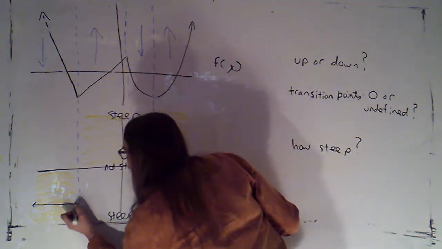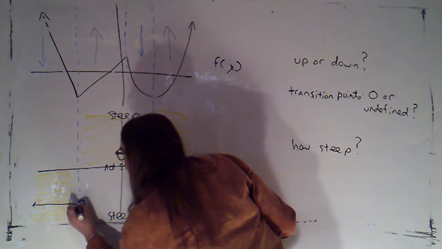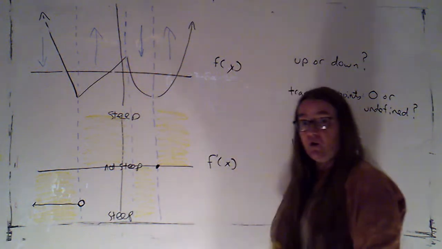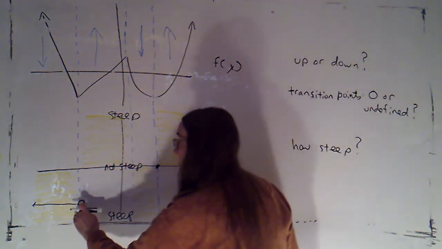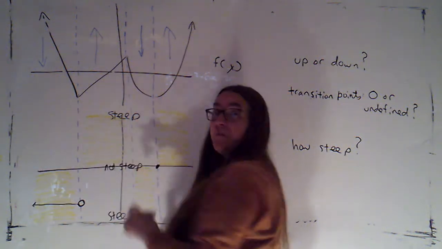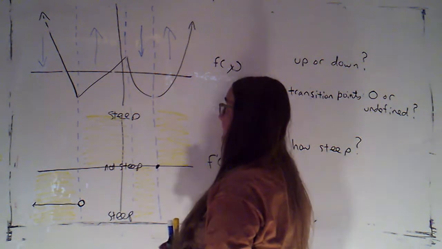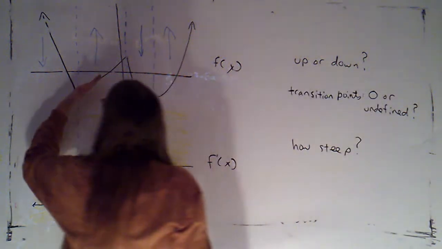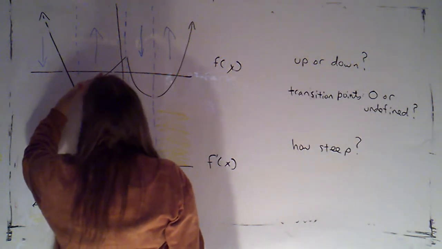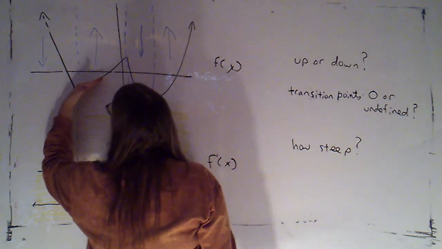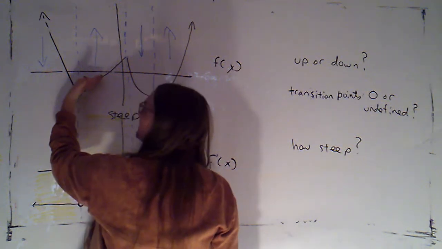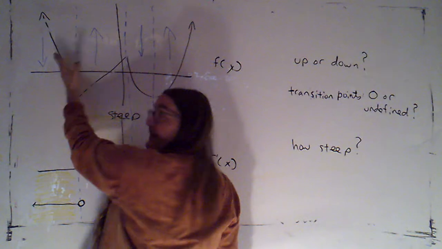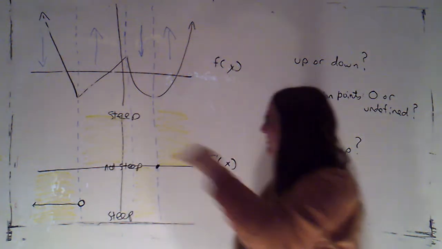And then we said at this transition point, the derivative is undefined. So I'm going to have an open circle here, and I'm going to jump up to the positive part of my graph. So how high do I have to jump up to? Well, if I look, we're going up, and this is not super steep. It's definitely less steep than this is. It's not super flat.